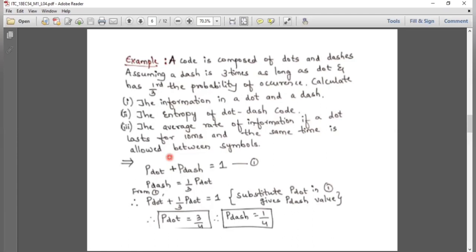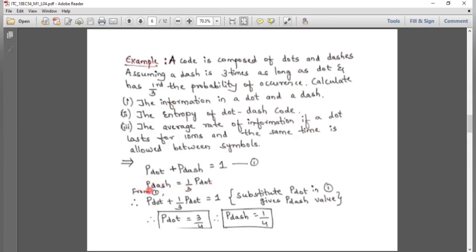From basics of probability theory, we know that sum of probabilities of all the events will result to unity or 1. So in this example, we have only two events. Therefore, P dot plus P dash probabilities will be equal to 1. And it is given that probability of dash is 1/3 the probability of dot.